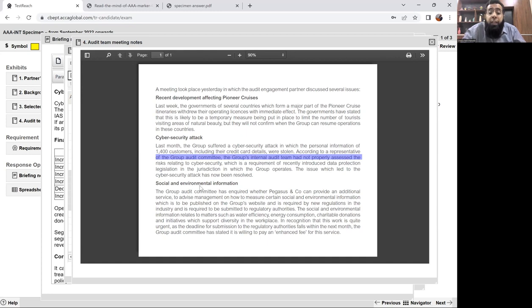Then, social and environmental information. The group audit committee has inquired whether Pegasus and Company can provide an additional service to management on how to measure certain social and environmental information, which is to be published on the group's website and is required by new regulations in the industry and is required to be submitted to the regulatory authority.